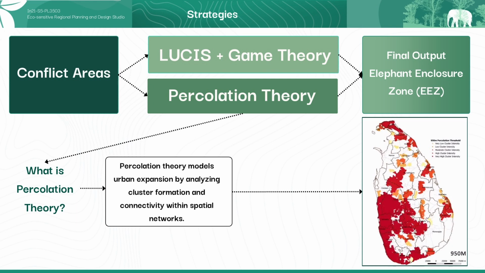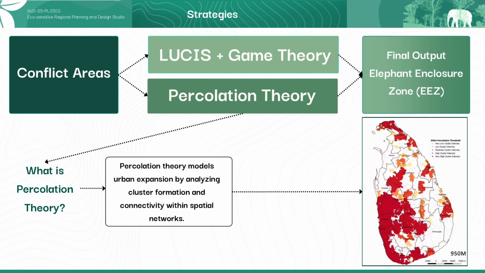Along with the ecocentric approach we used to establish the elephant enclosure zone, we also integrated an anthropocentric approach into our process. To achieve this, we applied percolation theory. Percolation theory serves as a model for urban expansion by analyzing cluster formation and connectivity within spatial networks.